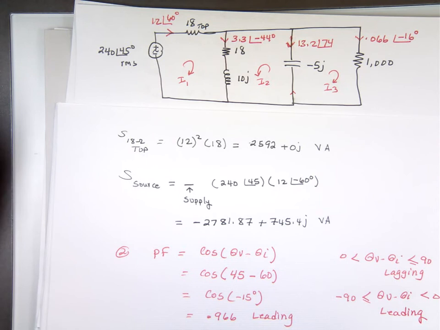I didn't say equal to 0, because if it's equal to 0, you're in phase. There's no leading, there's no lagging. If the angles are on top of each other, you have a purely resistive load. So in this case, that's a leading power factor of 0.966.